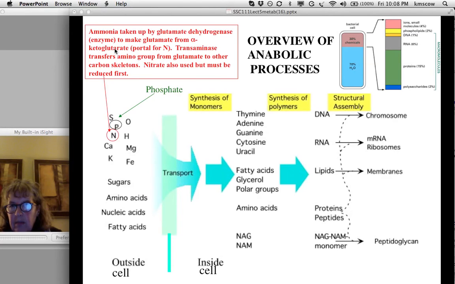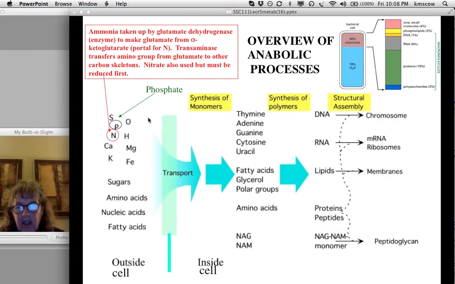Now, nitrogen is this second most important element, not oxygen, but after carbon, then nitrogen is going to be most limiting. So nitrogen is taken up by glutamate dehydrogenase to make glutamate from alpha-ketoglutarate, and we're going to look to see where that is in a second.